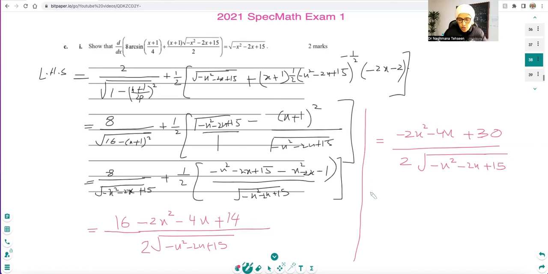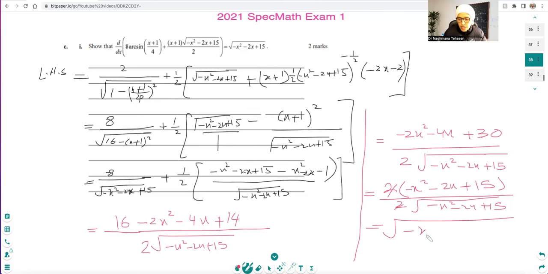Okay, so that's good. Now we can take a 2 as a common factor out. So we get (-x² - 2x + 15) minus (x² - 2x - 15), over 2. That 2 and 2 cancel out. And then that means I could write that as minus x squared minus 2x plus 15. So that is equal to the right-hand side.